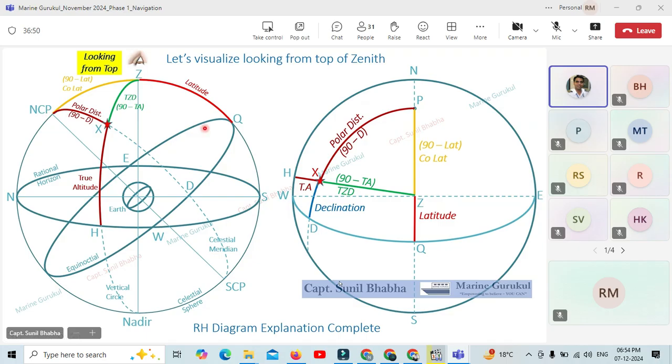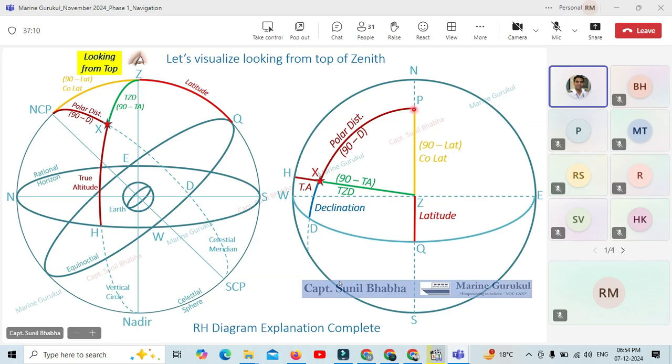Now we have seen all the three sides of the spherical triangle PZX. Now going a little further in the PZX triangle, let's now have a look at the angles. We first concentrate our attention on angle P, angle Papa of this PZX triangle.